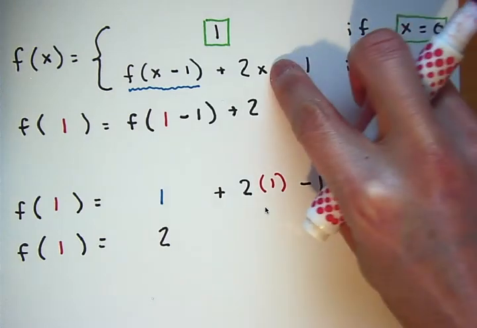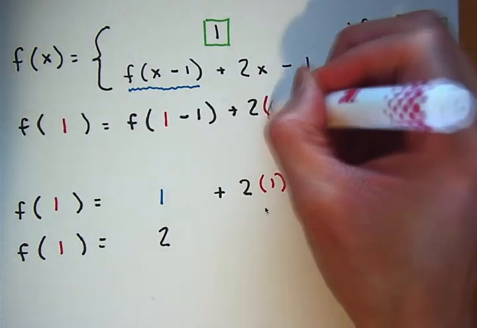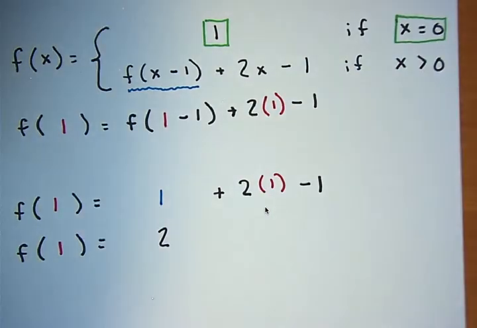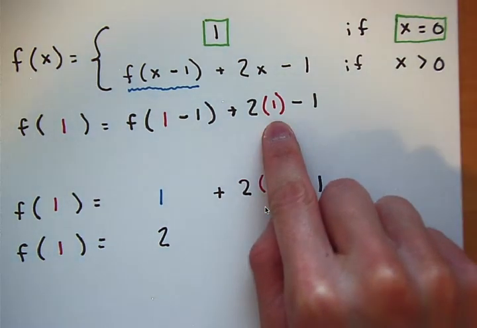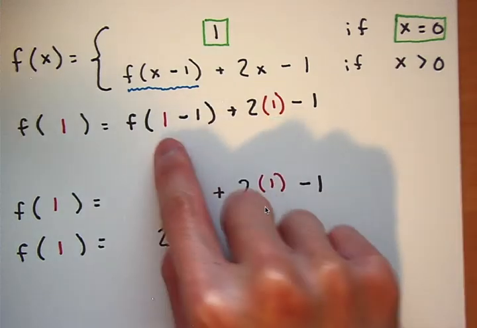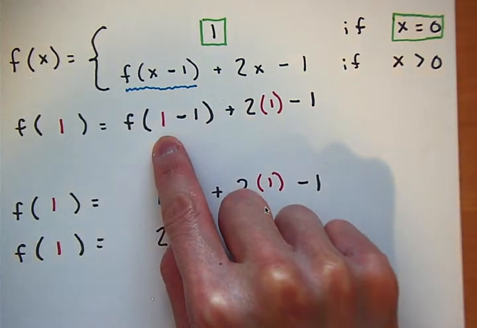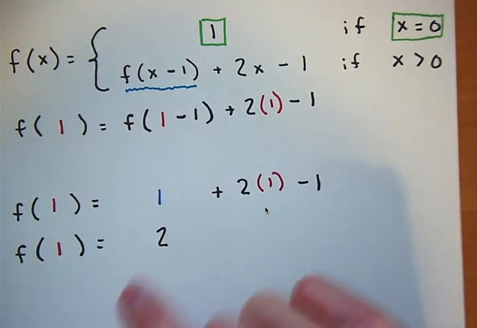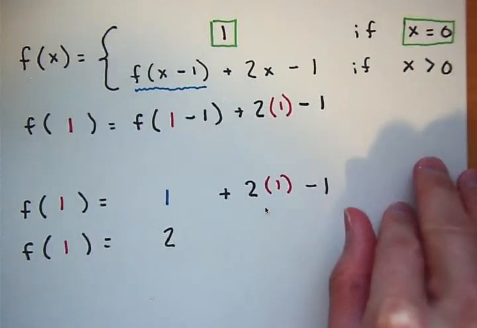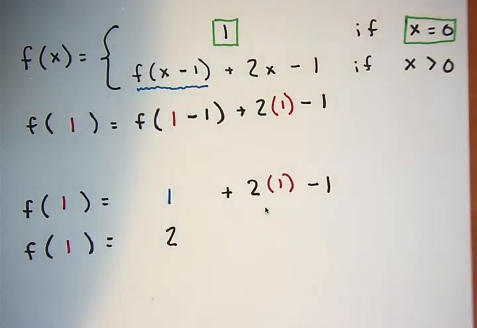And I'll change this x to a 1. When you're substituting in for a variable, it is best to put it in parentheses like I did here. I should have actually put this number 1 in parentheses, but I thought having all those parentheses in here would make it harder to understand. So I've changed all the x's into 1.